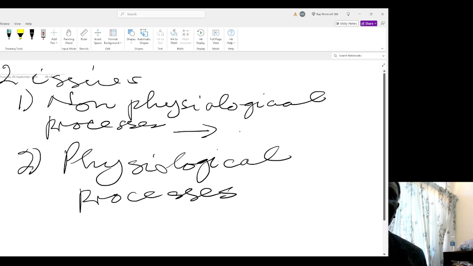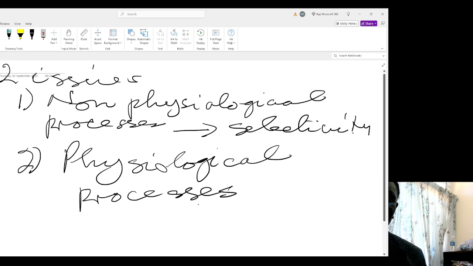This can result in selectivity. This can also result in selectivity.